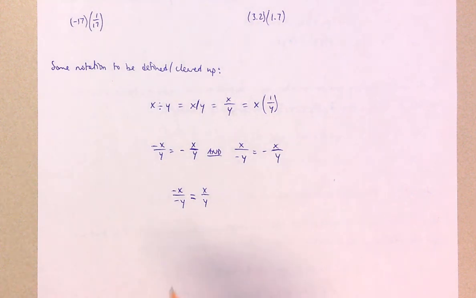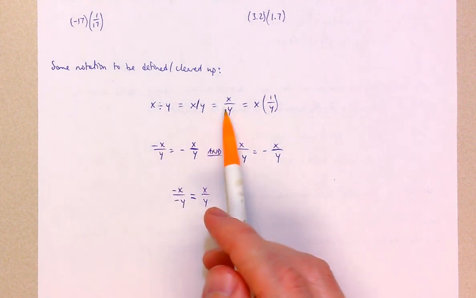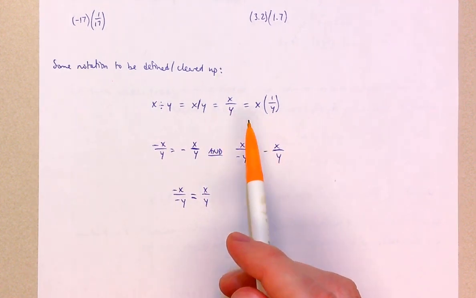We can also do x horizontal bar y. That's the more common form that we've seen. But we can also write that in terms of multiplication. x divided by y is the same thing as x multiplied by the quantity 1 over y. So x over y is the same thing as x times 1 over y.